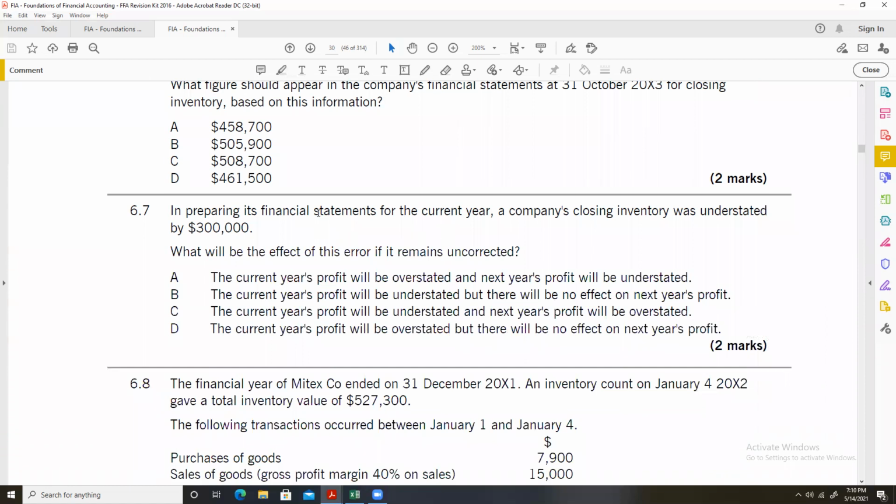Now, in preparing its financial statements for the current year, a company's closing inventory was understated by $300,000. This means that the closing inventory was mistakenly valued at $300,000 less than what the value should have been.